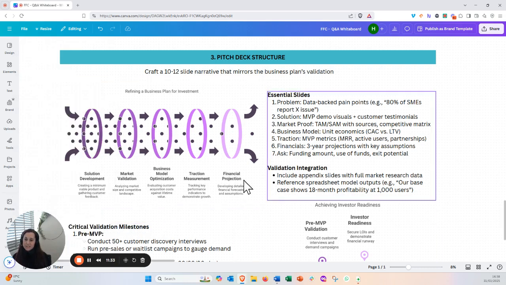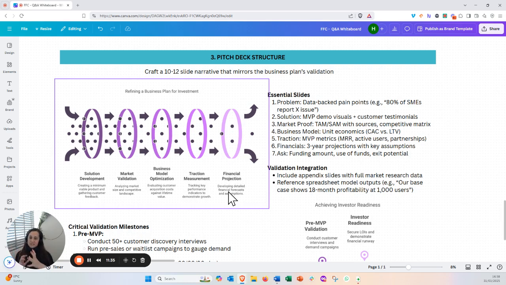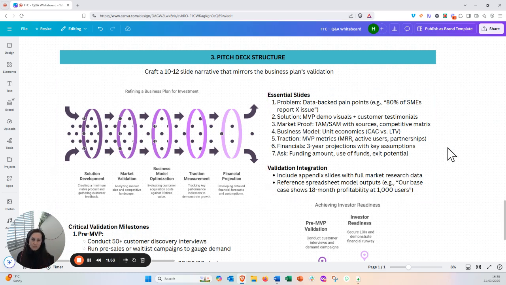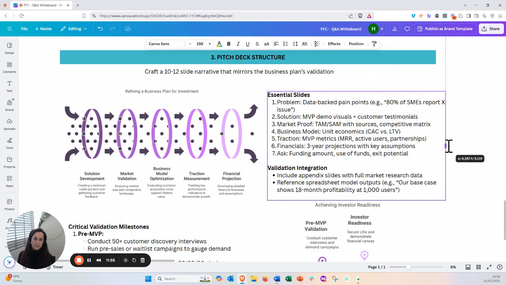You've got the solution development, what it is that you're creating, the problem, the solution, then your validation, how you validated it, how you're going to be generating revenue, the traction and how you're measuring that and how it's progressing, and then that falls into the final financial projection. So really it's this element here, which is problem: data-backed pain points, with all the research that you've got, secondary and primary, with the data from your MVP or from your surveys and questionnaires.